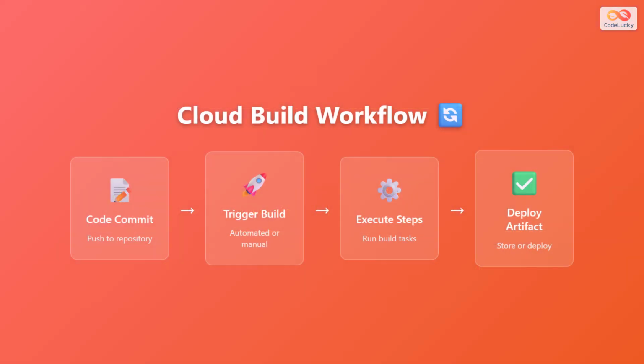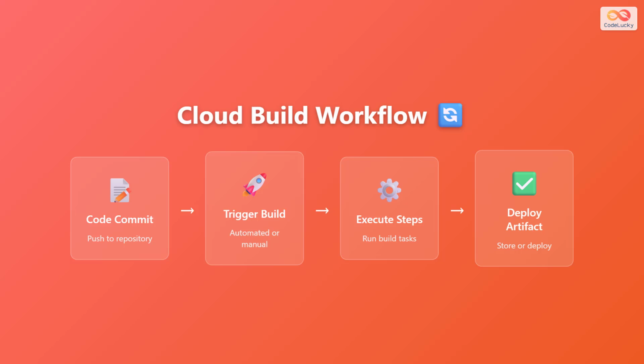Let's walk through a typical Cloud Build workflow to see how everything connects. It starts with a code commit, where a developer pushes changes to a source code repository like GitHub. This automatically triggers a build based on the trigger configuration you've set up, whether it's a branch push or pull request. Cloud Build then executes the build steps defined in your cloudbuild.yaml file, running tasks like compiling code, running tests, and building container images.